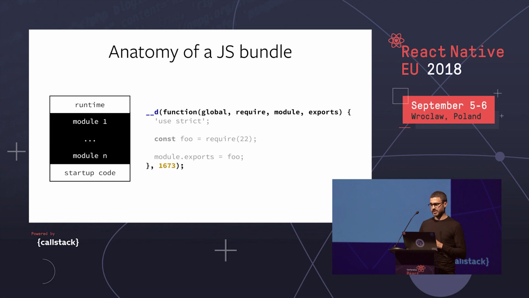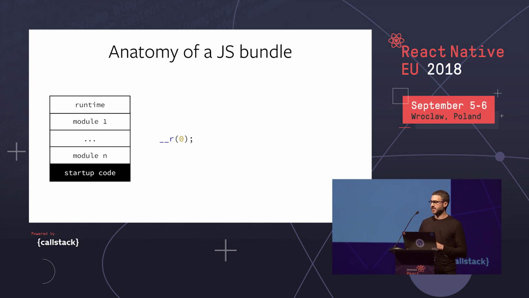As we saw, this function accepts the first argument as the module factory, which is a closure, again with the same arguments: global, require, module, and exports, and the second argument being the module ID, which is auto-generated by Metro in an auto-incremental way. Also, note that require statements that are found inside each module get transformed. So instead of having paths here, they get transformed to be module IDs that correspond to that same module.